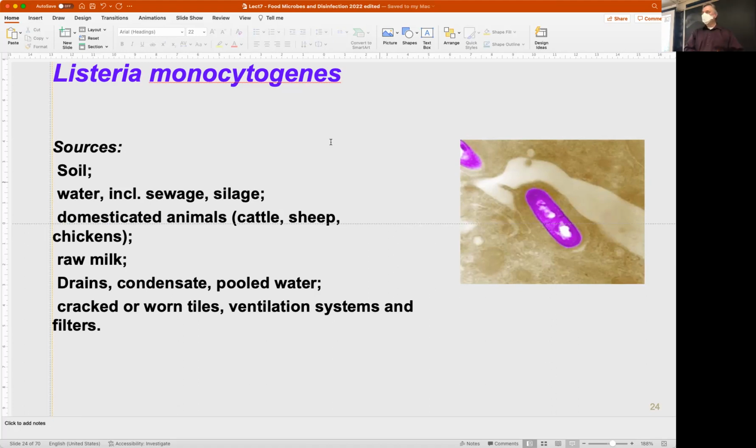It can be found in milk, raw milk, that is. It can be found in pooled water, and they've isolated it from worn tiles and ventilation systems. So this sort of bacteria seems to be an environmental bacteria that can be found in a lot of different places.